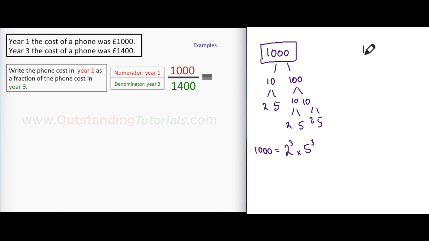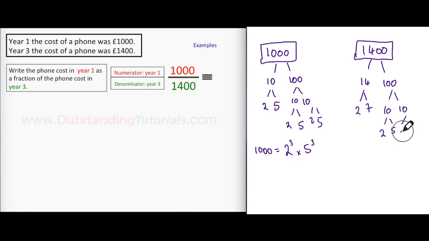So same with 1400. That's equal to 14 times 100, which will give me 1400. Now 14 is equal to 2 times 7. 100 is 10 times 10, and each of those is going to be 2 and 5.